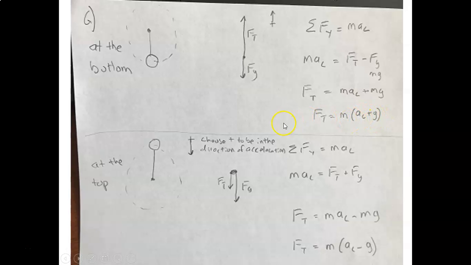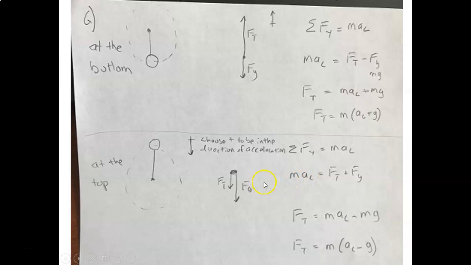At the top of the path, the centripetal force has got to point down. So that's the direction we're going to choose to be our positive, down. There's no forces in the x, and the forces in the y direction have to balance out so that that's equal to the centripetal force. So the sum of the forces in y equals m a sub c.